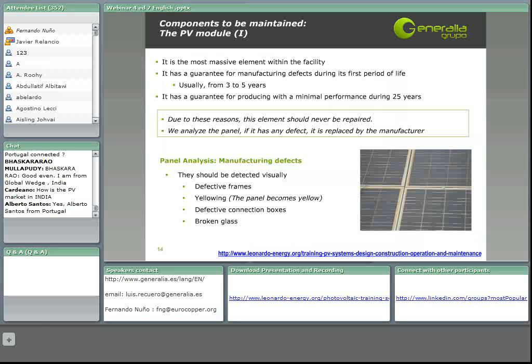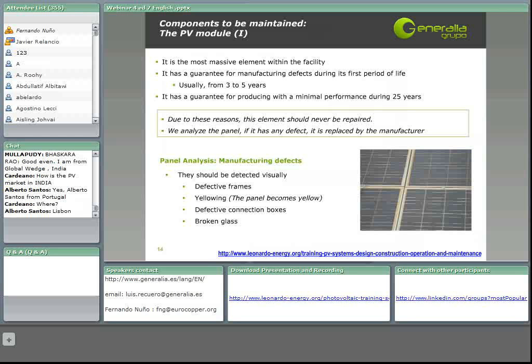Normally, the manufacturers guarantee a minimal performance during 25 years. The panel won't have any manufacturing defect during the first 3 to 5 years, so this element should never be repaired, as if we analyze the panel and we find any defect, normally it must be replaced by the manufacturer.